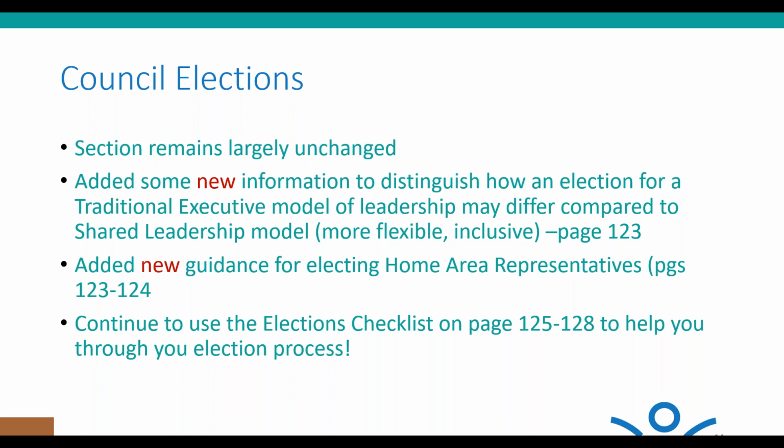Another addition to this section was some guidance around selecting and electing your home area representatives. Home area reps or resident ambassador positions help to ensure that resident perspectives from every floor or home area are recognized and brought forward at the General Residence Council meeting each month.